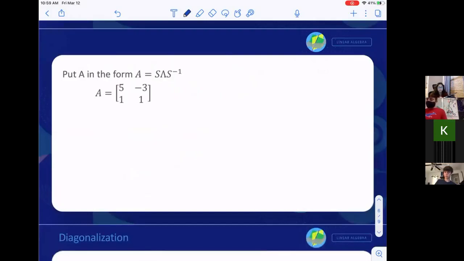diagonalize the matrix. So here we're going to diagonalize the matrix. So we have 5 minus lambda, -3, 1, 1 minus lambda. We multiply and we get 5 minus 6 lambda plus lambda squared plus 3 minus a -3 equals 0.